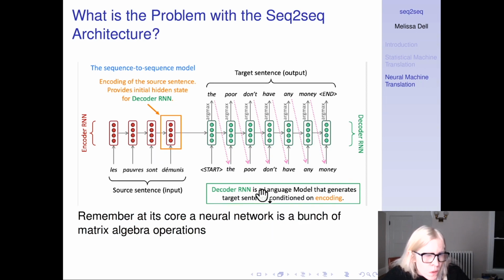And so you cannot just take all your hidden states and concatenate them together and pass them to the decoder, because you have a variably sized input. You don't know how long that sequence is. And remember, at its core, a neural network is just a bunch of matrix algebra operations, and so you cannot have variably sized things that you're multiplying by.